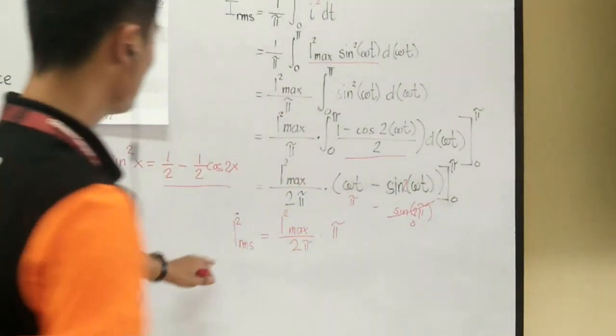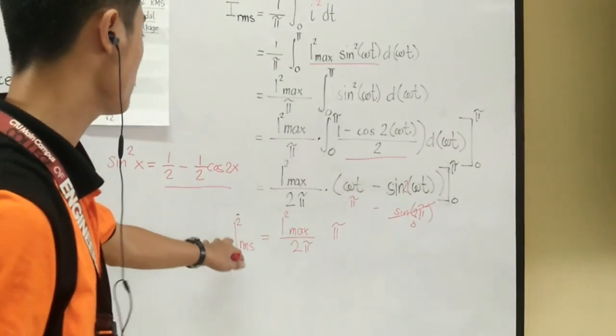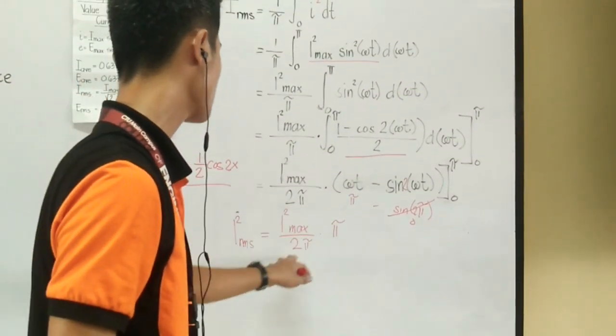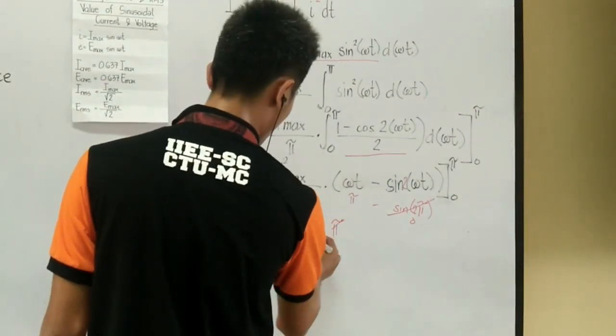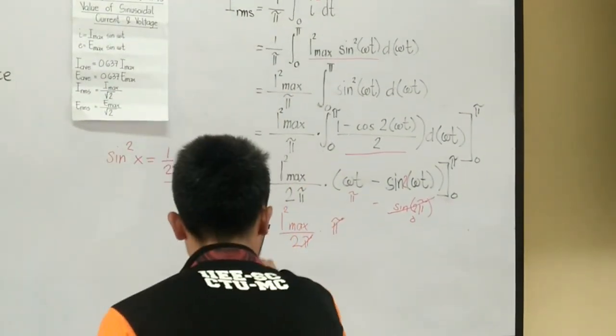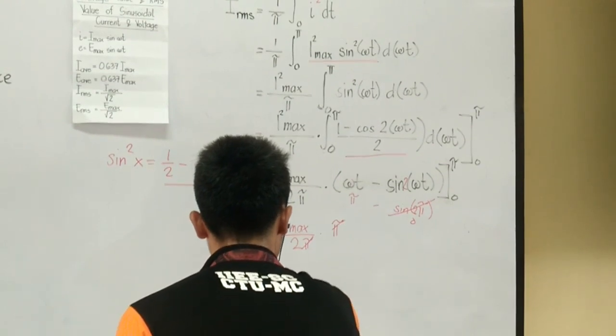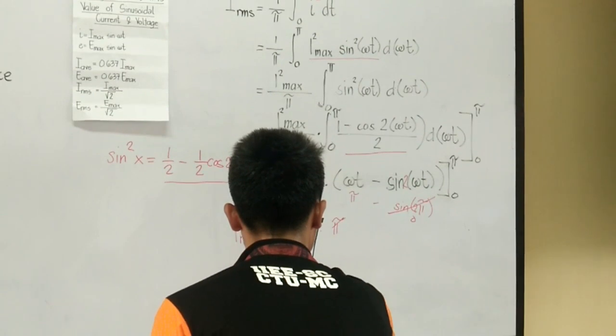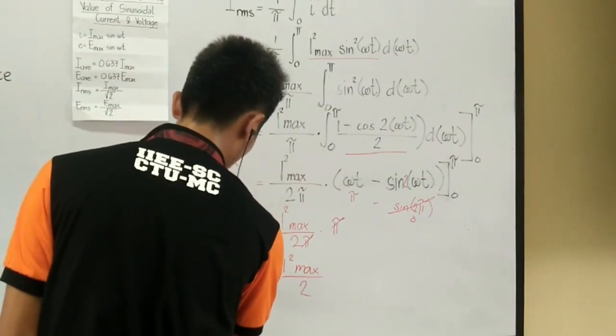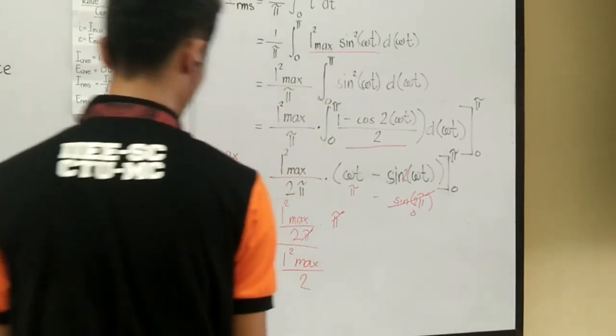So our equivalent for I squared RMS is equal to I squared maximum over 2 pi times pi. Cancel pi, making it I squared RMS equals I squared max over 2. Extract the square root of both sides.